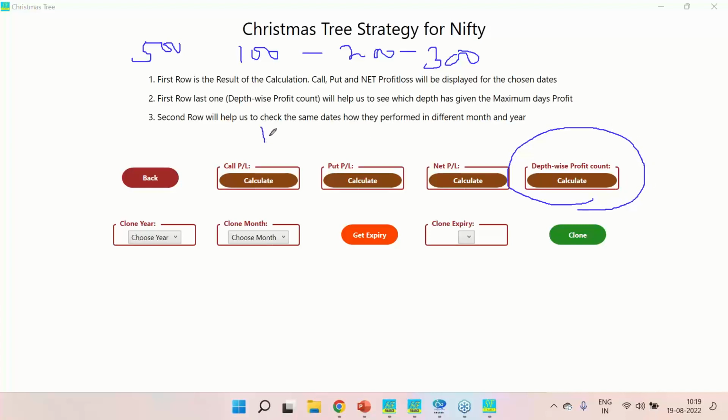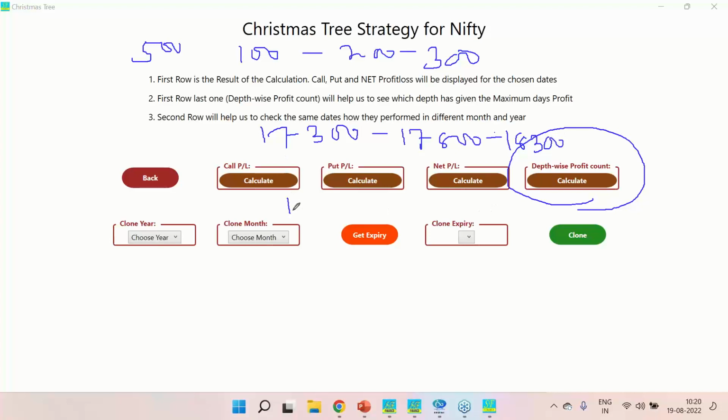In the strategy we formed, we sold the 17,300 call, bought the 17,800 call, and also sold the 18,300 call. This is what we have demonstrated here.